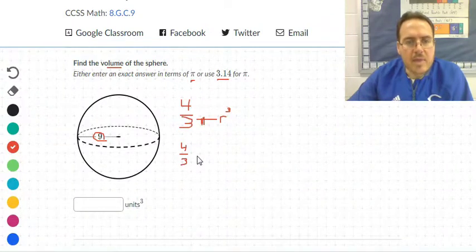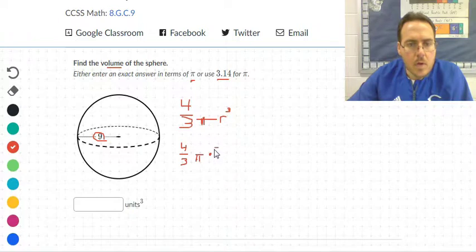So in this case, that's going to be 4/3 times pi. I'm going to leave it as pi. And the radius is 9, so that'd be times 9 times 9 times 9.